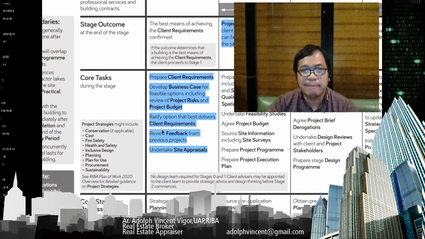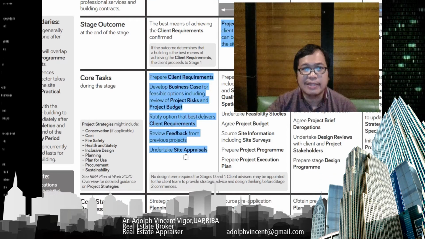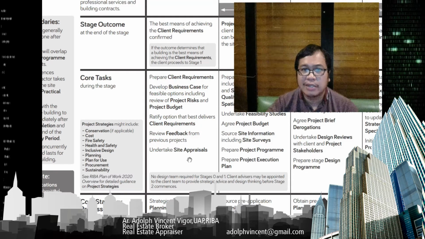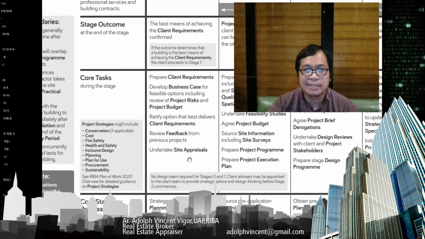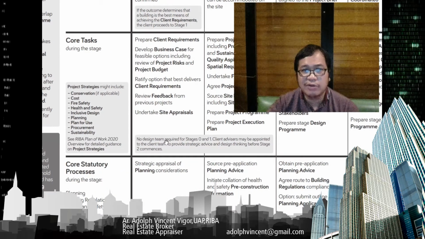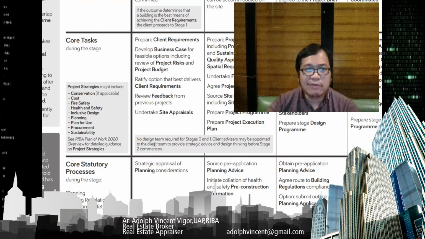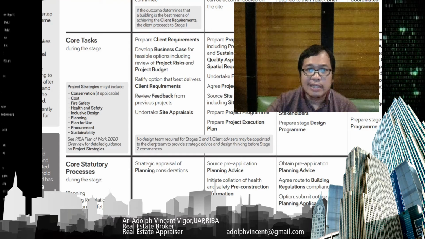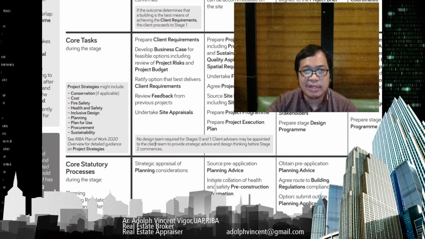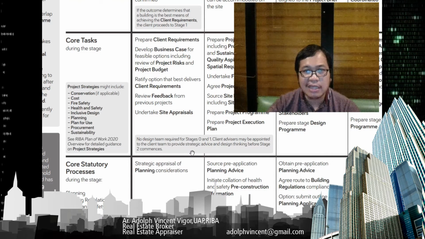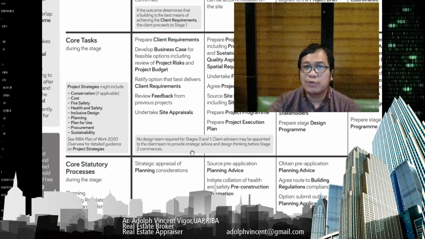Ratify the option that best delivers the client requirements, and then review feedback from previous projects. Then undertake site appraisals. It's noted here that no design team is required for stage 0 and 1. Client advisors will be appointed to the client team to provide strategic advice and design thinking before stage 2 commences.